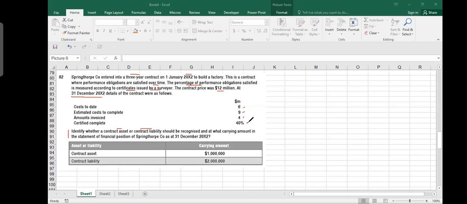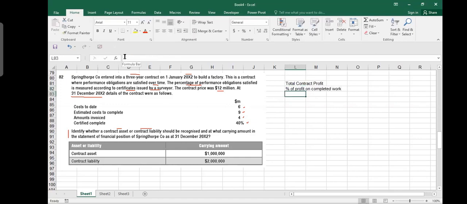Again, 3 steps you have to do. Listen, very simple question. Whenever you get this contract asset thing, step number 1, you find out your contract profit first. Based on total contract profit, you then take your percentage of profit on completed work.